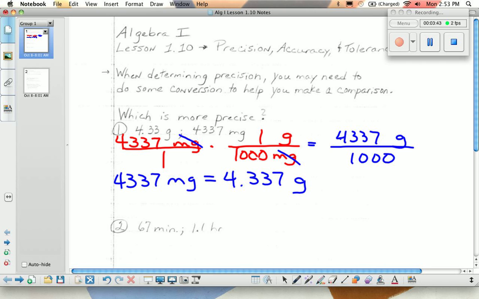Now we're going to say, the other one that's grams is measured out to what unit of measure? Hundredths. This one is measured out to the thousandths. Which one's smaller? So thousandths is smaller than hundredths.